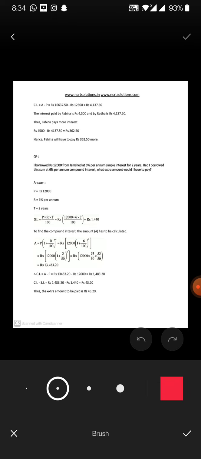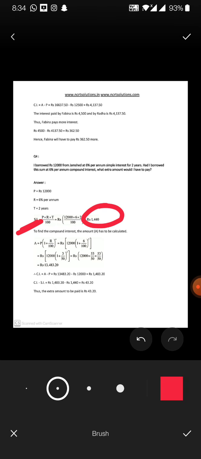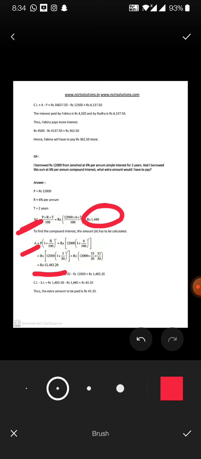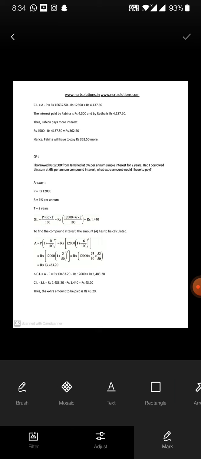So first of all we need to calculate simple interest. 12,000 is the principal and 6 is the rate of interest and 2 years. After solving we get 1,440 as simple interest. Now we need to calculate the compound amount by using this formula. So we get 13,483 as the compound amount.